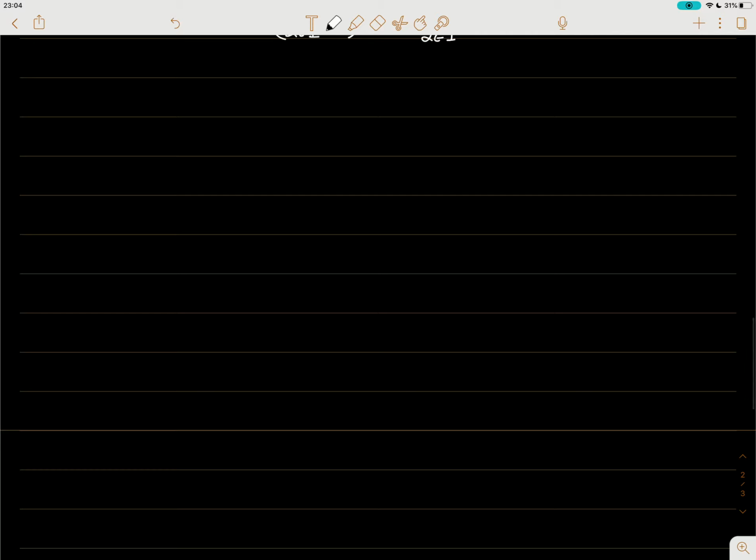Limits of sets. Consider the case that we have a sequence of sets, A1 contains A2 and contains A3, and some of them could be equal. As I said, this notation means that it's a subset, but not necessarily a proper subset.